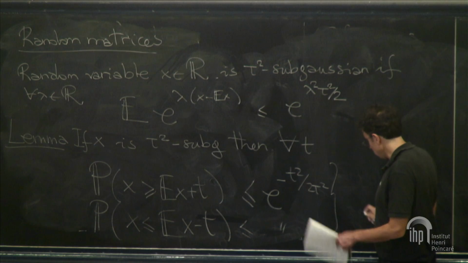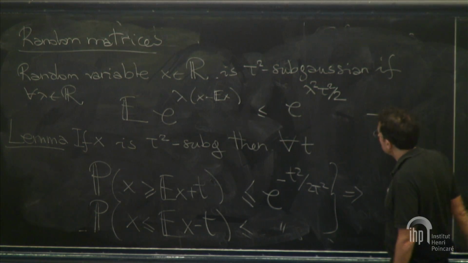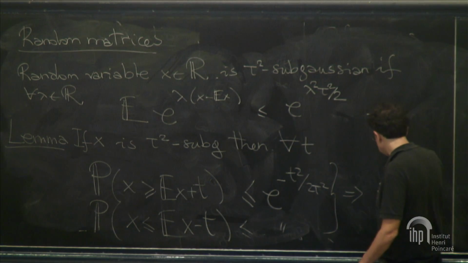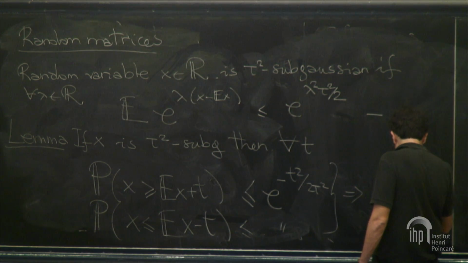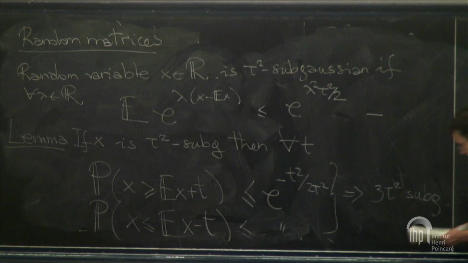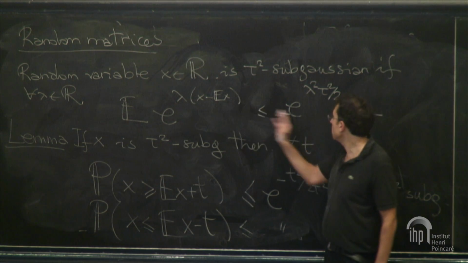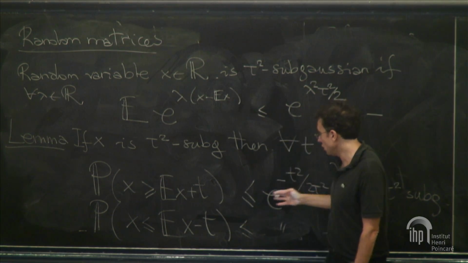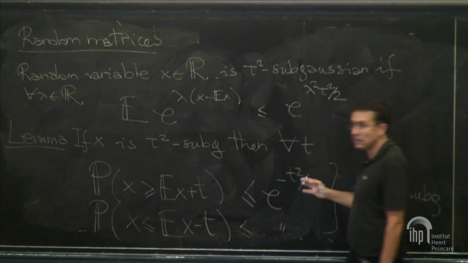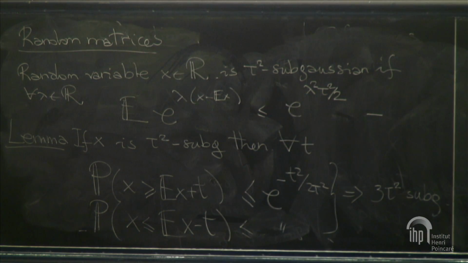So this implies, now I don't remember what the constants are, but these two properties imply, let's say, 3 tau square sub-Gaussian. I think 3 is sufficient. Surely it's not the best. So you can say that a sub-Gaussian is something that has moment generating function upper bounded by that of a Gaussian, or it has tail probabilities upper bounded by tail probabilities of a Gaussian.